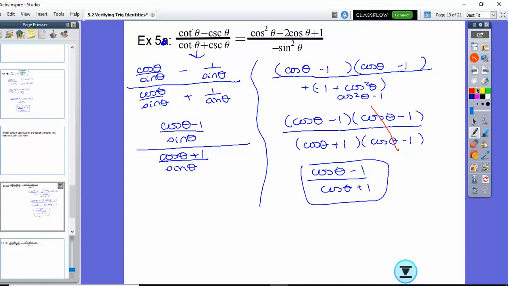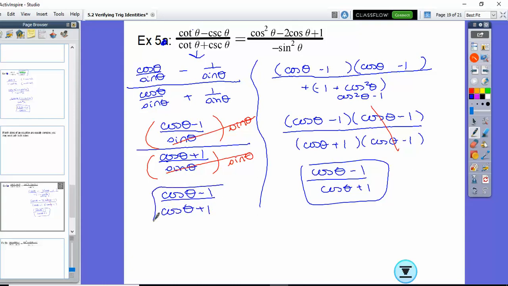So at this point, you can either flip and multiply or use the strategy we said: if you multiply the top and bottom by the same thing, that's also legal, so I don't care. If you just want to recognize that you can multiply top and bottom by sine theta, both of those denominators cancel. Same thing you would get if you flipped and multiplied. So you get cosine theta minus 1 over cosine theta plus 1.